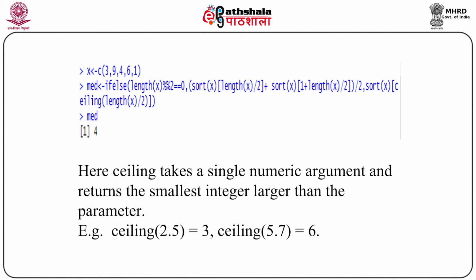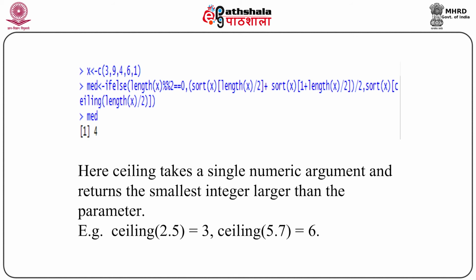Here in this program, when the length of X is divisible by 2, that is when X is even, we do the first thing written here. That is, we sort the numbers and take the median to be the mean of two values.